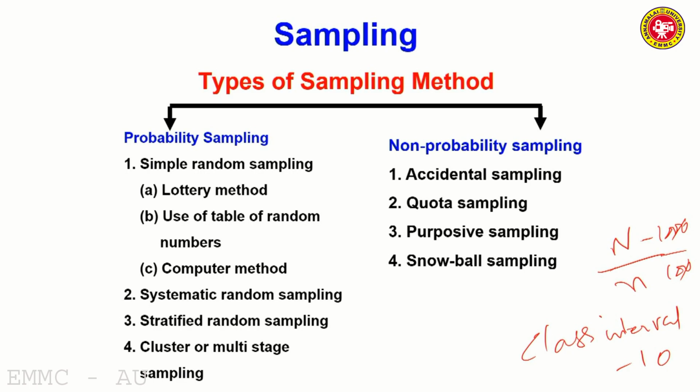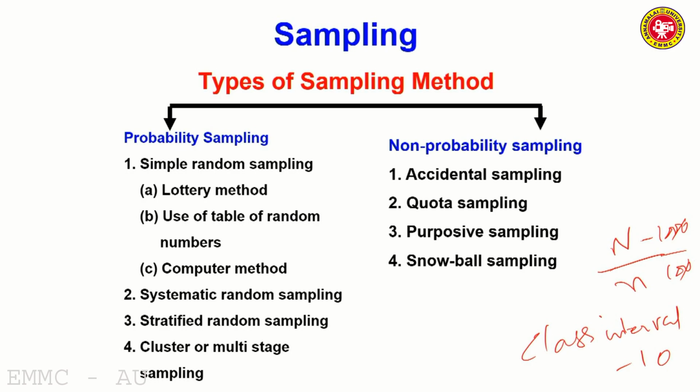Then next one is purposive sampling. What is purposive sampling? I want to make a study about beggars, where we have to identify them in front of temples, near the railway station, or near any bus stand. We have to go and collect the data. That type of study is called purposive sampling.